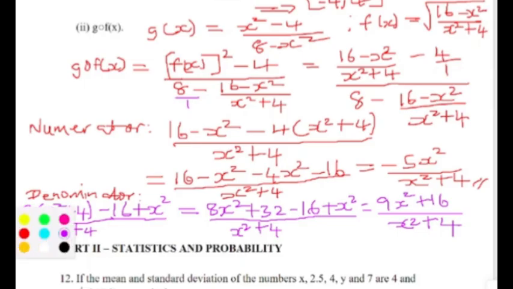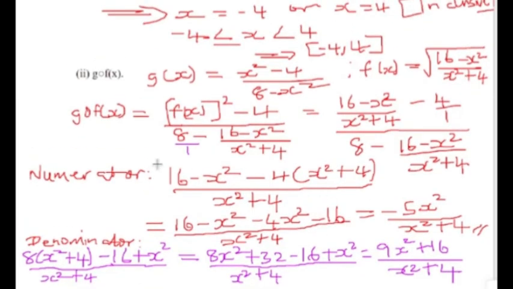Okay, so let's get the final solution. We don't have much space there. Now all we need to do is to go back to where we started from, that the expression we're looking for is g o f of x.